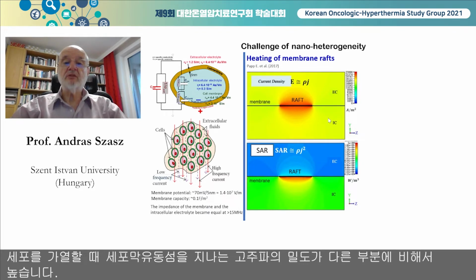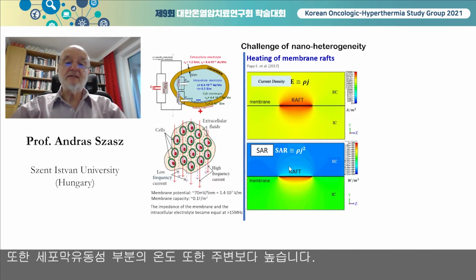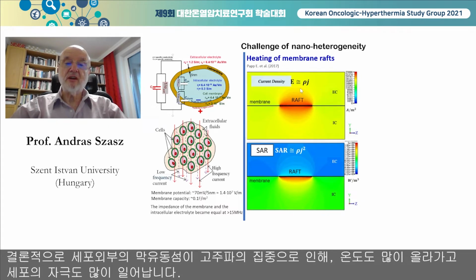In ampere per square meter can be measured, and in watt per cubic meter you can measure the absorbed energy. So it means the temperature. This is the excitation. This is the temperature, thermal effect, non-thermal effect.